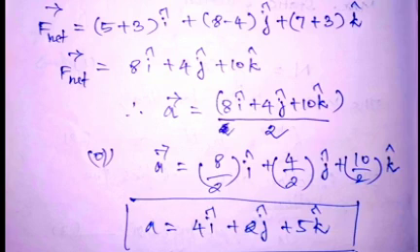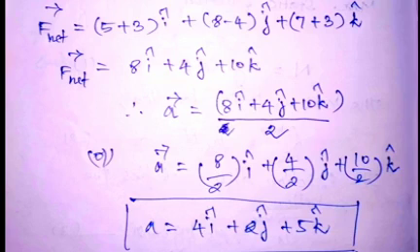Now we have the total force value, and substitute in the acceleration formula. Therefore a vector is equal to 8i cap plus 4j cap plus 10k cap divided by 2. Now this 2 is common for 8i cap, 4j cap and 10k cap, so I separate this 2 for each term.